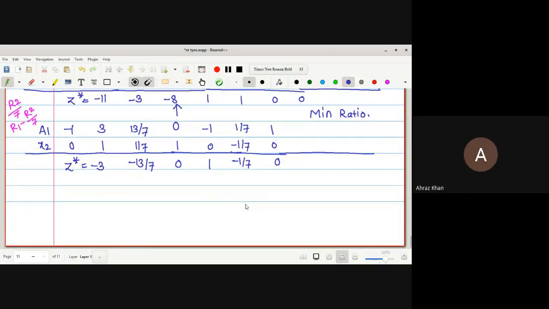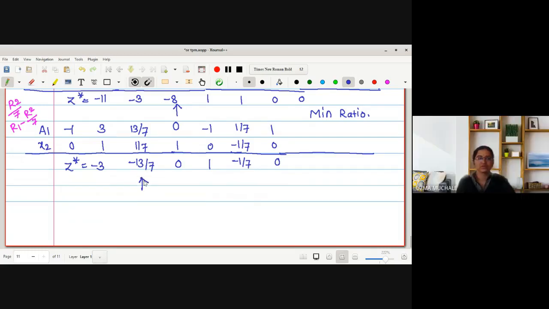Minus 13 by 7. Minus 13 by 7, x1 variable is going to enter the basis. Therefore, what are the new variables? X1 and x2. Let me write it to the next page.